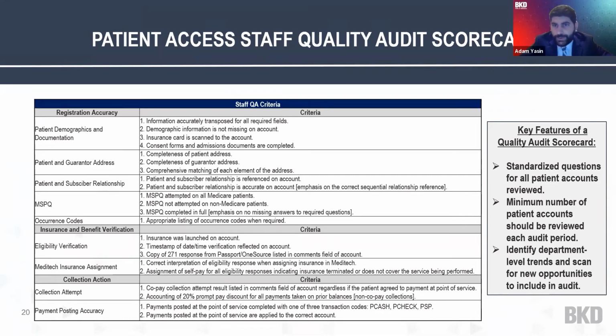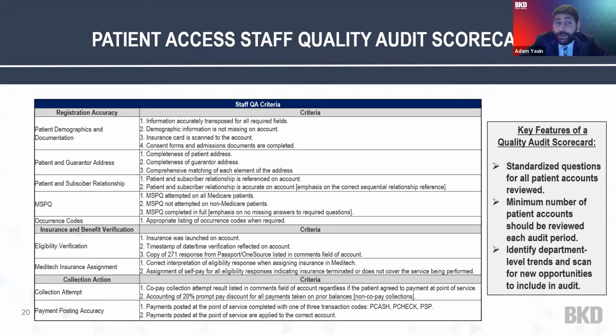To the right hand of your screen, there's a summary table there. You want standardized questions for all patient accounts reviewed. And in the example to the left, there are 3 domains: registration accuracy, insurance and benefit verification, and collection action. As you can see in this sample quality audit scorecard, we've been very deliberate about the criteria that has to be met in order for a staff member to get a check or a point for that item on this scorecard.